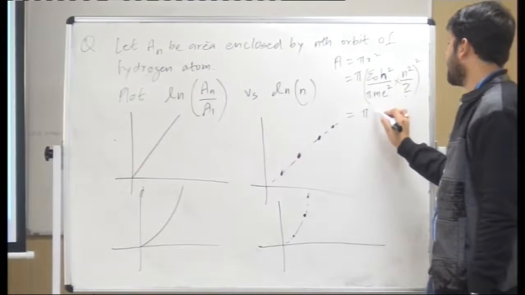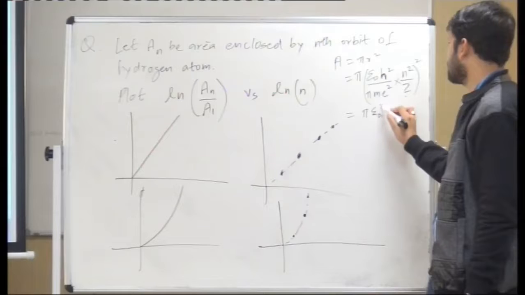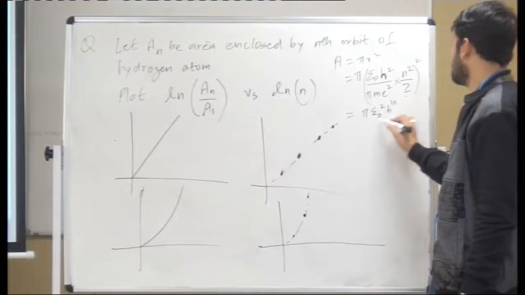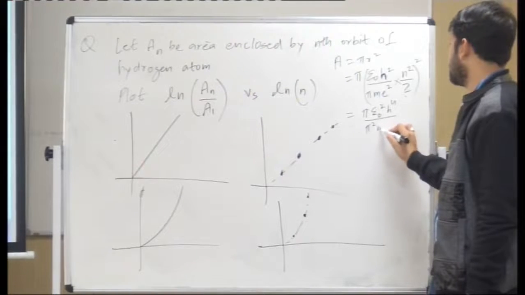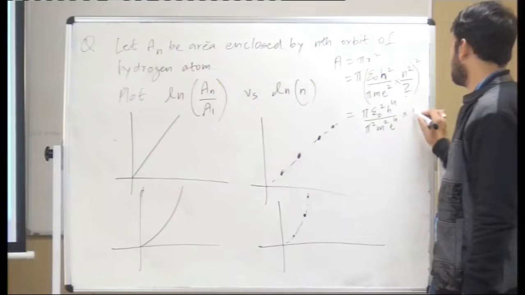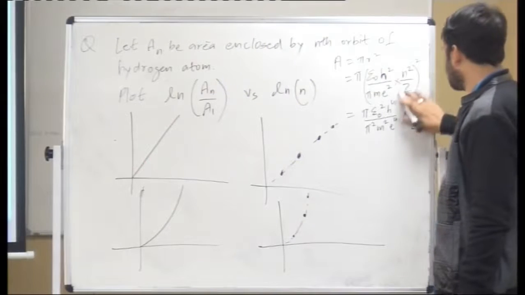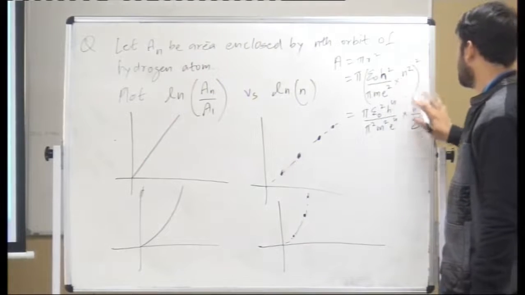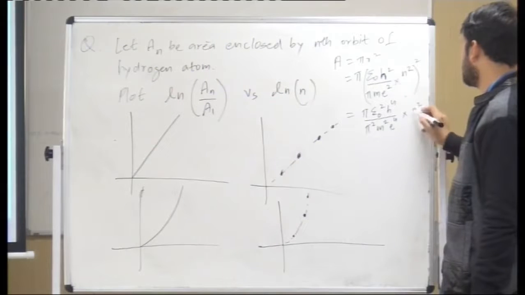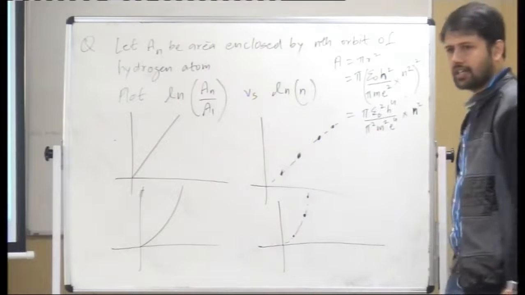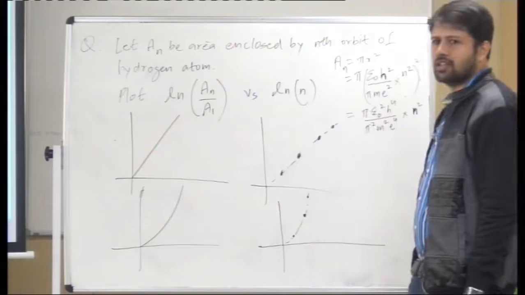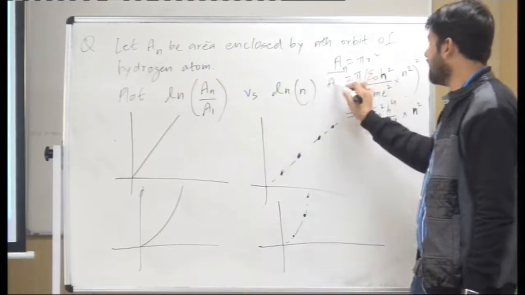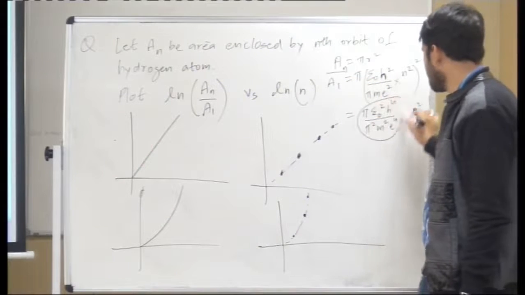So the area would be pi epsilon naught square h4 by pi square m square e4 into n square by Z whole square. Since Z is 1, I will remove Z, right? Z is 1, it's hydrogen. This is the area of nth orbit. If I divide it by A1, all of these constants would go.